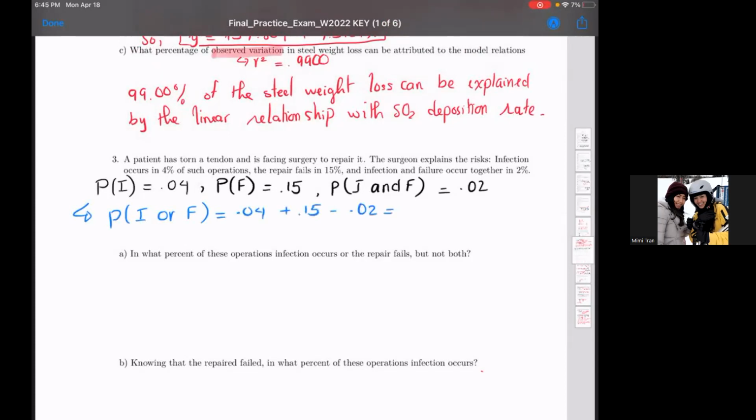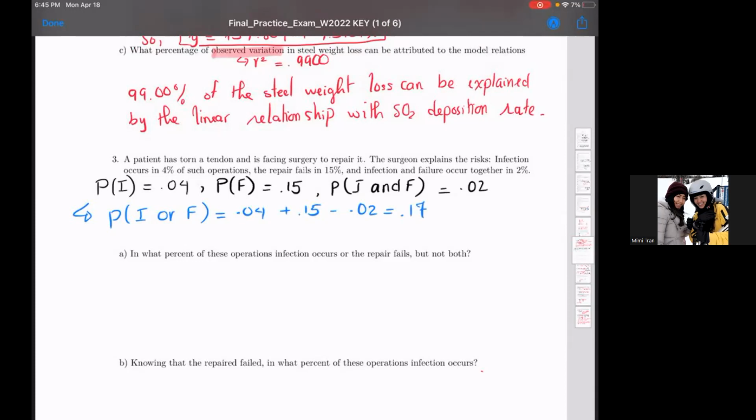What do you guys get? 0.04 plus 0.15 minus 0.02. I got 0.17.